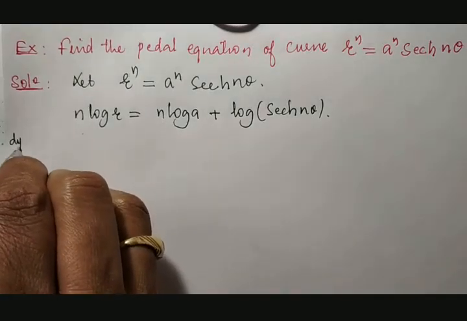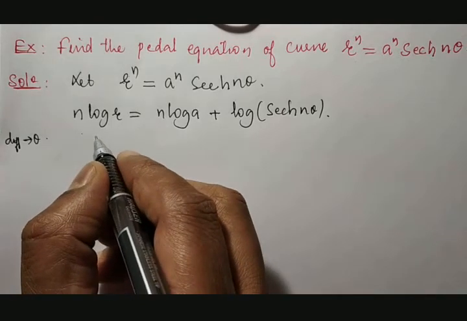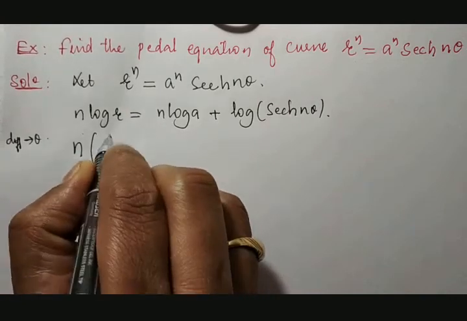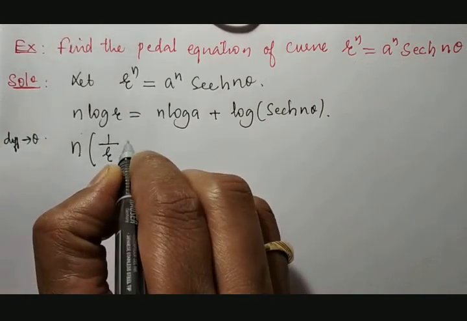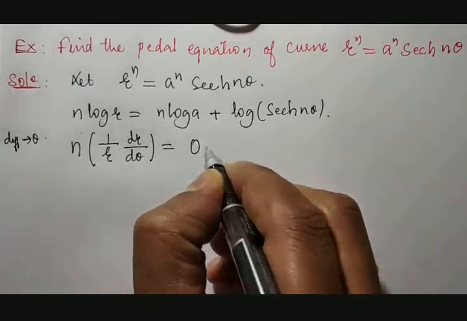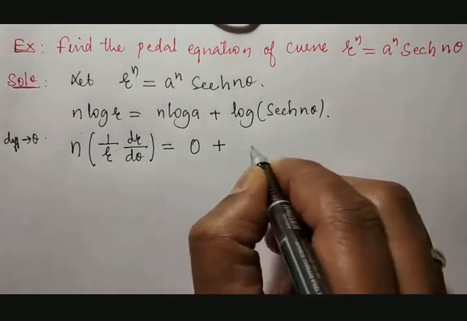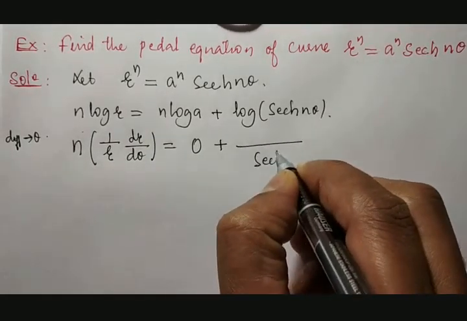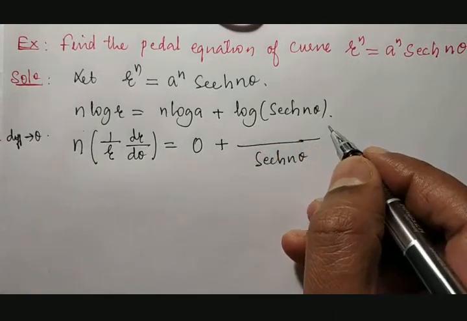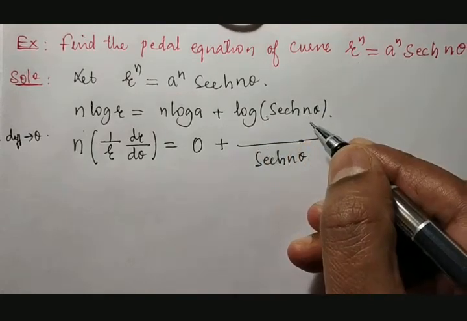Then differentiating this with respect to theta. N into differentiation of log r with respect to theta is 1 by r into dr by d theta, which is equal to 0, plus 1 divided by sech n theta, as a token of differentiation of log of sech n theta, into differentiation of sech n theta.